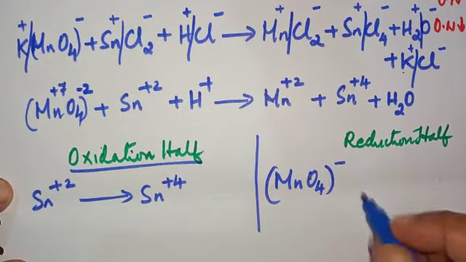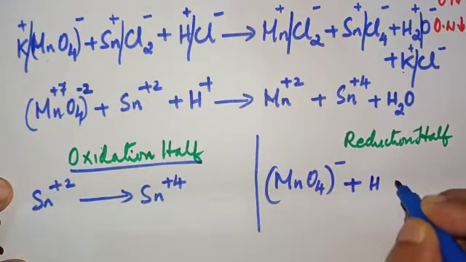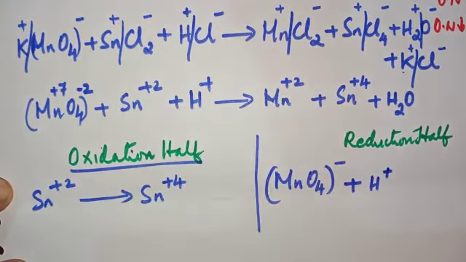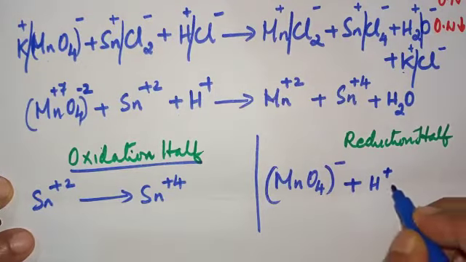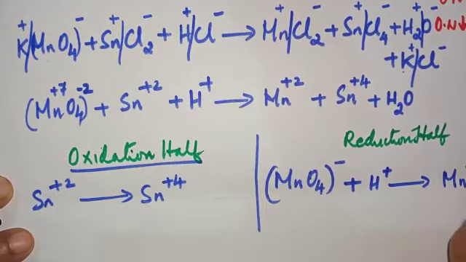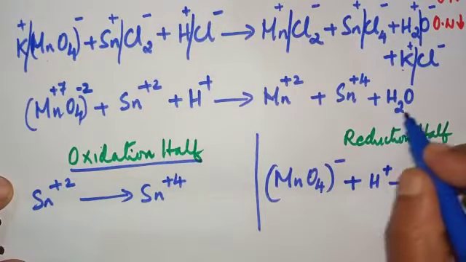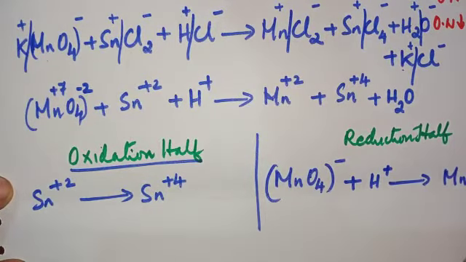Yes, then plus, this H plus I write here. That gives Mn plus 2. I write it. Okay, then here it is H2O, so that too I write here.